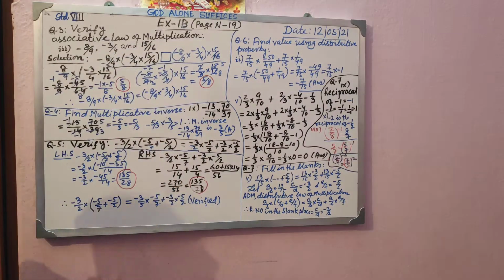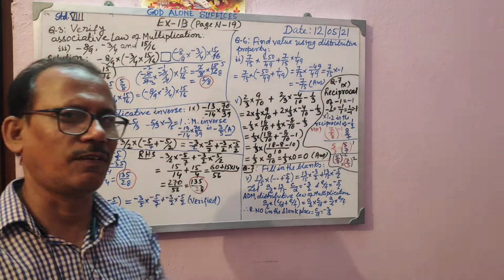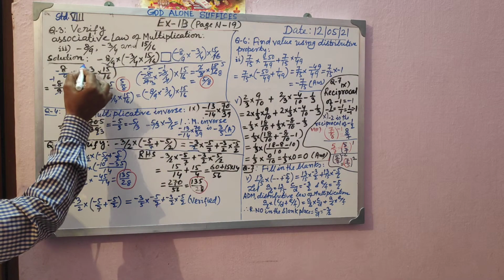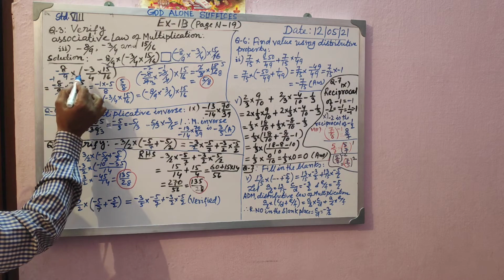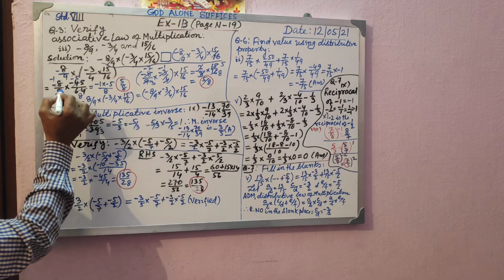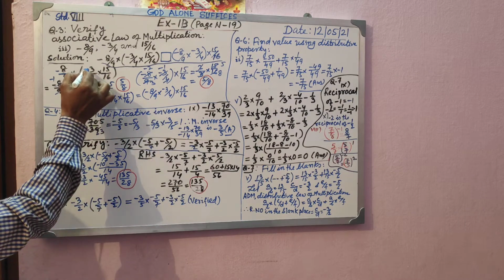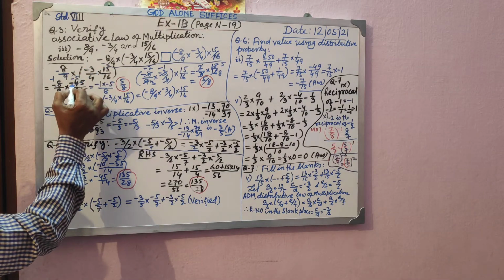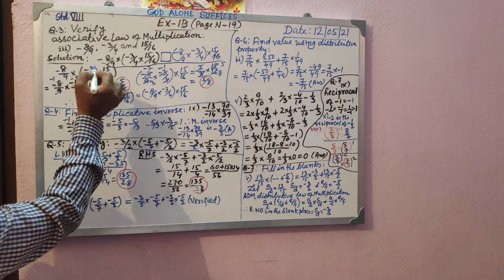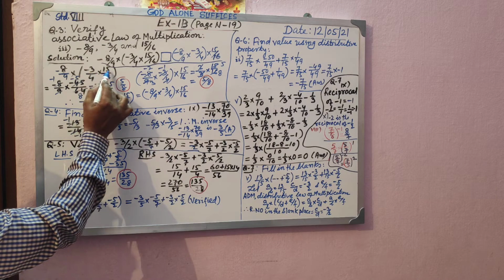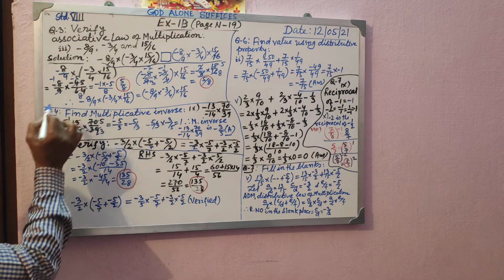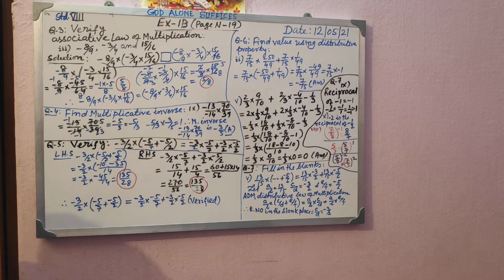To prove it, solve the left hand side and the right hand side. The values should be the same. Let us do it. The left hand side is minus 8 by 9 into, within brackets, minus 3 by 4 into 15 by 16. First, what will you do with the bracket? Minus 3 into 15 is minus 45, and 4 into 16 is 64. Nothing will be cancelled. So minus 45 by 64 multiplied with minus 8 by 9.